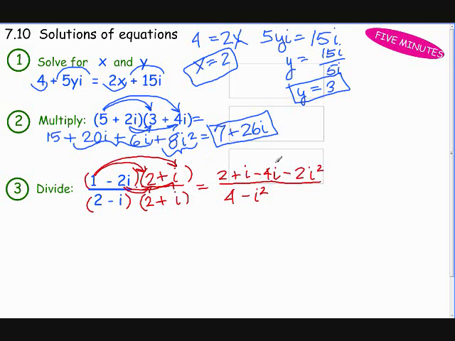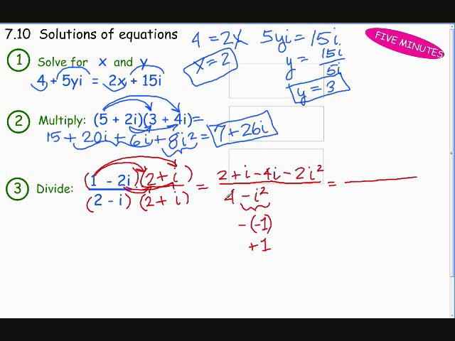We've got two situations, one in the numerator and one in the denominator, where we're looking at i squared. Let's deal with the denominator first. A negative i squared is the same as negative 1, which will be a positive 1.